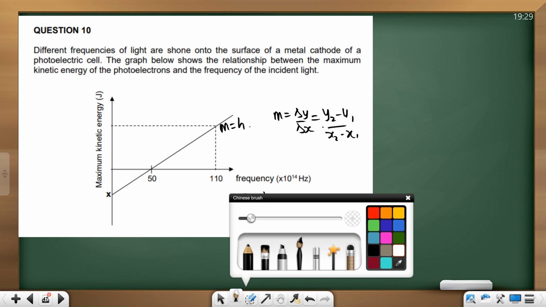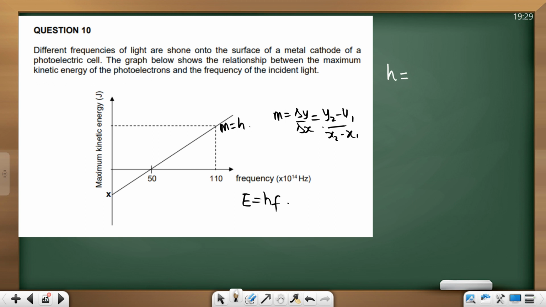What is my m? h. What's on the Y? Kinetic energy 1 and kinetic energy 2. EK2 minus EK1 over, what do we have on the X? F2 minus F1. Let's check. Yes, we get it from the formula page.